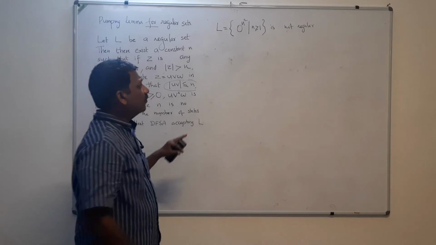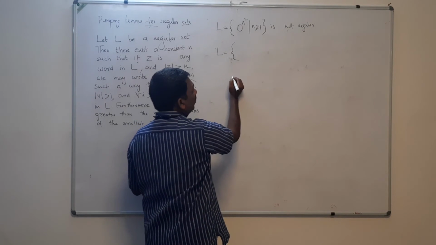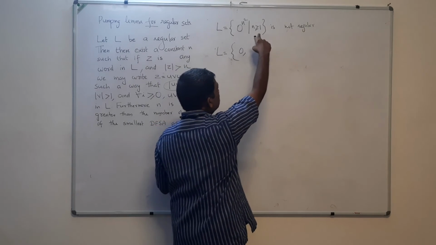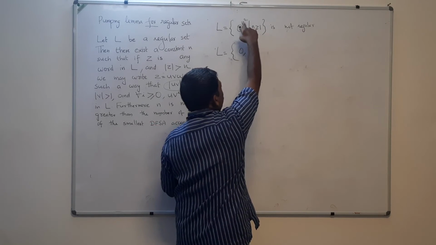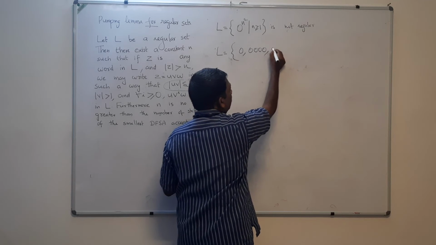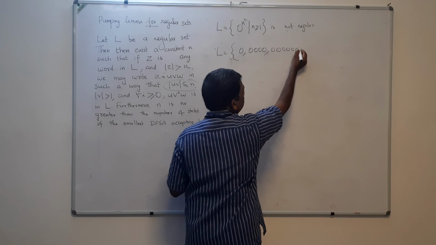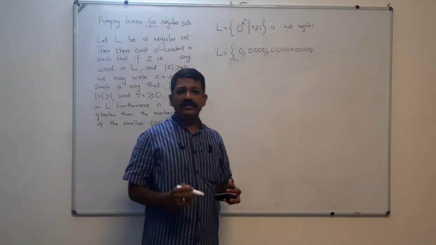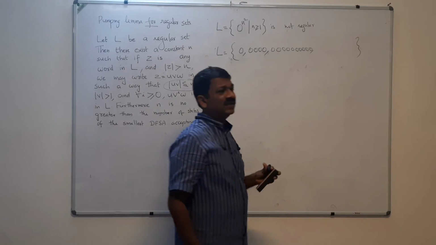When n is equal to 1, this is 0. When n is equal to 2, 0 raised to 2 square, that is 0 raised to 4. 0 power 4 means 4 number of zeros, then 9 number of zeros, 16 number of zeros, and like that. That is the language.